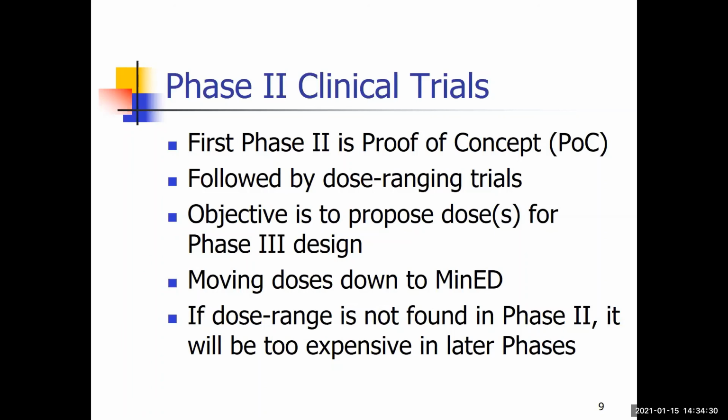If you missed it, if you didn't get the right range of doses at phase 2, you have to change your dose strategy at phase 3 and phase 4. It'll be very, very expensive. I may not be able to get to my examples in this lecture, but in future lectures, I will have many examples about finding the wrong dose and the consequences.